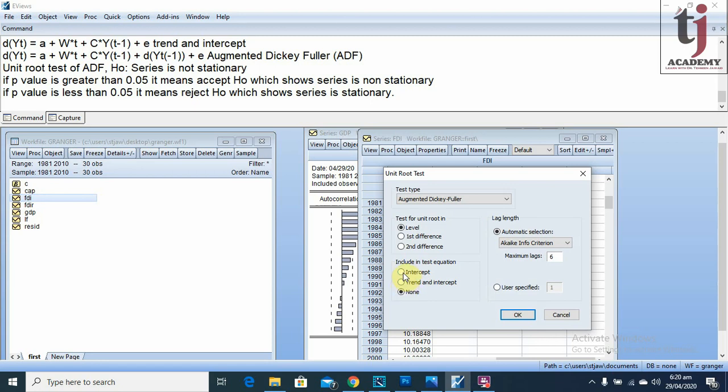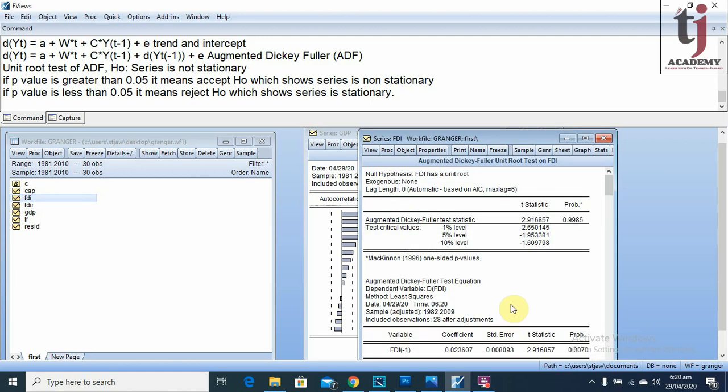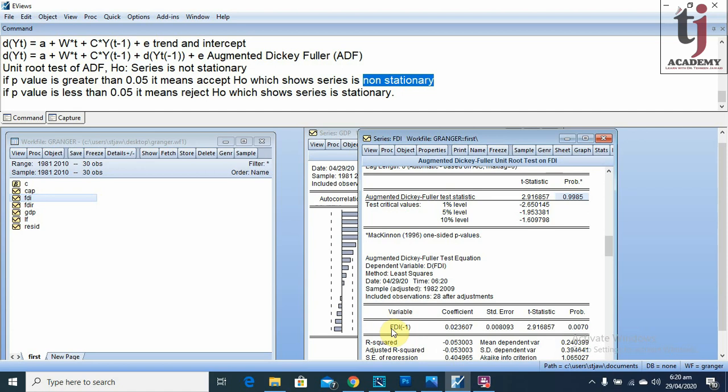So if we select none, then okay. The hypothesis is the series is non-stationary. You can also see here FDI has a unit root. Unit root means the series is non-stationary, and the p-value here is 0.995, which is greater than 0.05, accept H0, it means the series is non-stationary. And here you can see the equation as well. This is the lag value and this is the dependent variable.